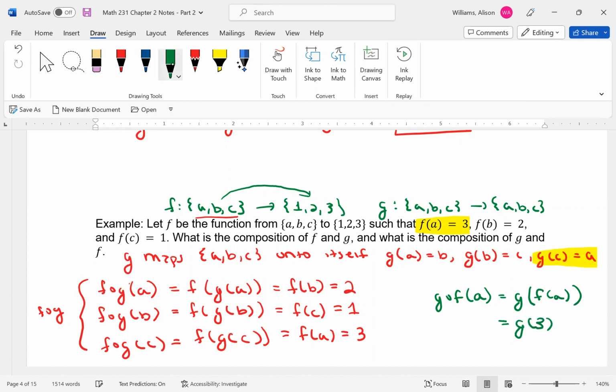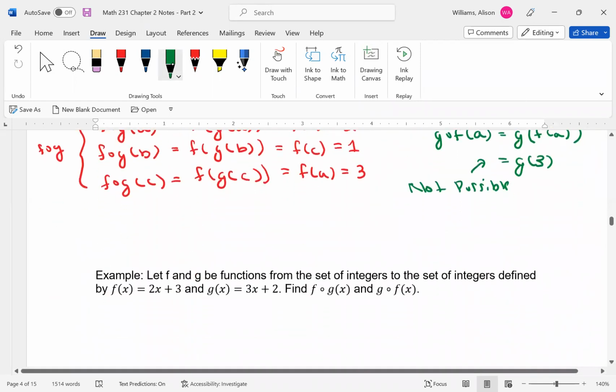But G doesn't map 3. G only maps A, B, and C. So this is a problem. It's not possible. So we can't do this. Not possible. All right. So the way the domains and codomains are set up does matter.